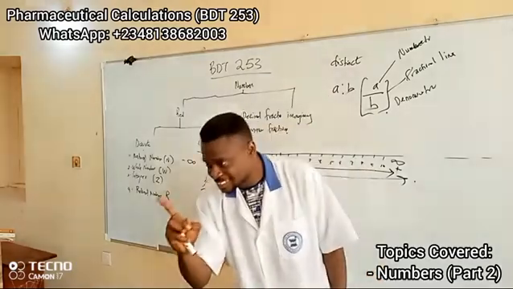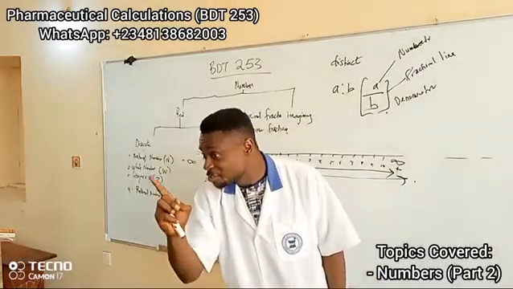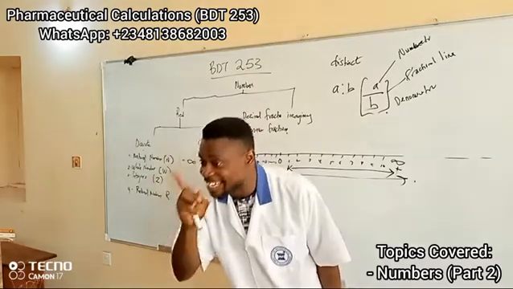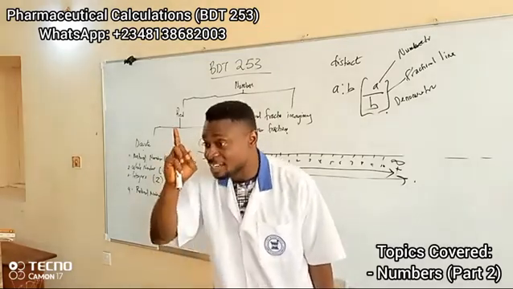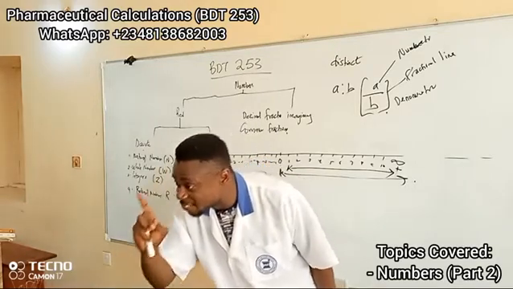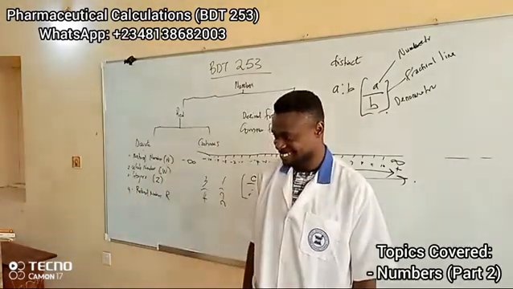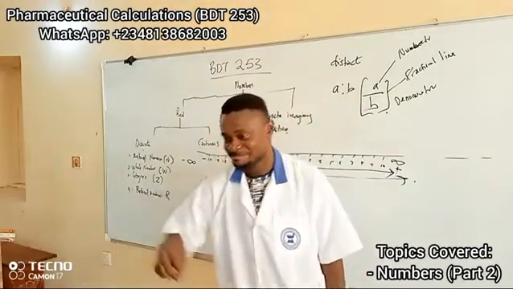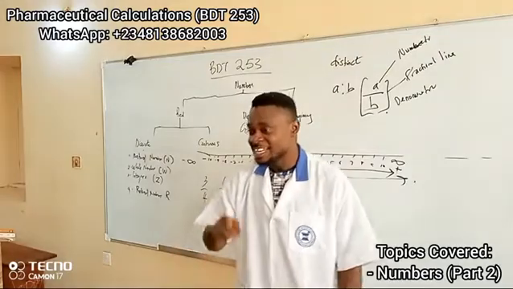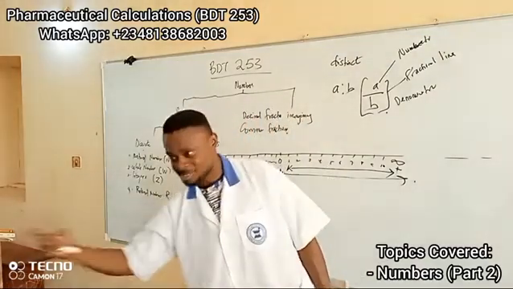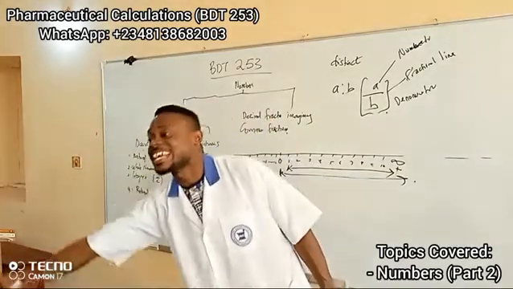A surd, like root 3. Root 3 is a surd. Root 3 can give you a decimal number, but it cannot give you a fraction. It's not a fraction because it's not rational. That's why they say rationalization: it's to make it rational.